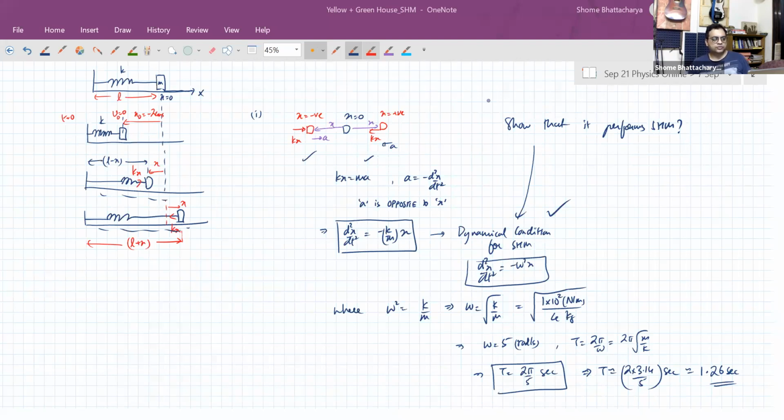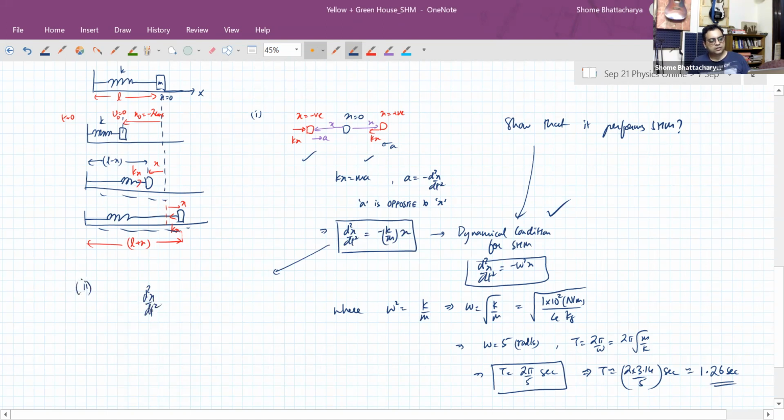So now once you have understood that this equation is being satisfied, d2x by dt square, for the second part, is equal to minus omega square x, where omega we just saw is square root k by m. Numerically that was working out to be 5 radians per second.